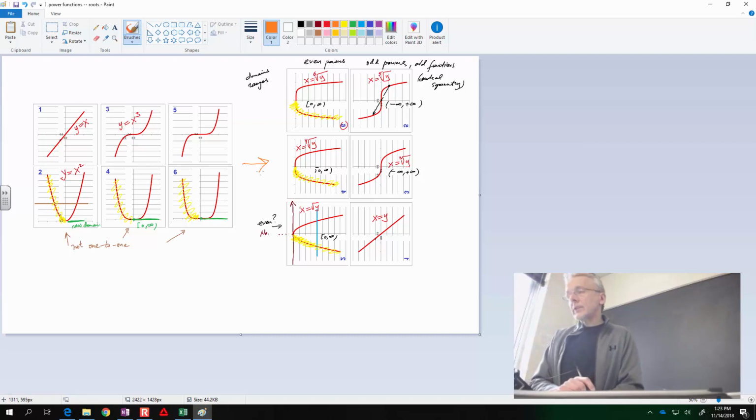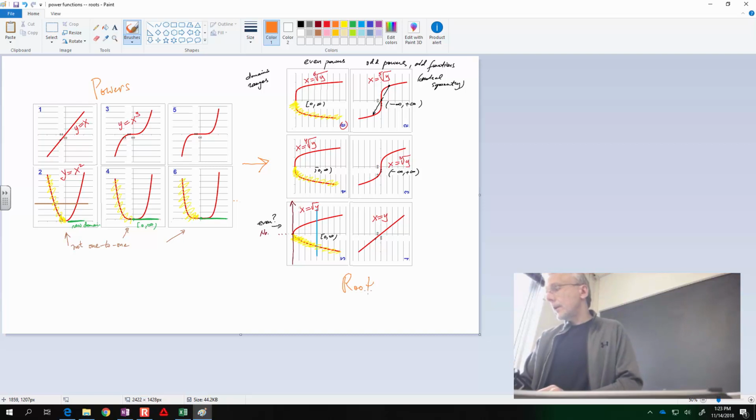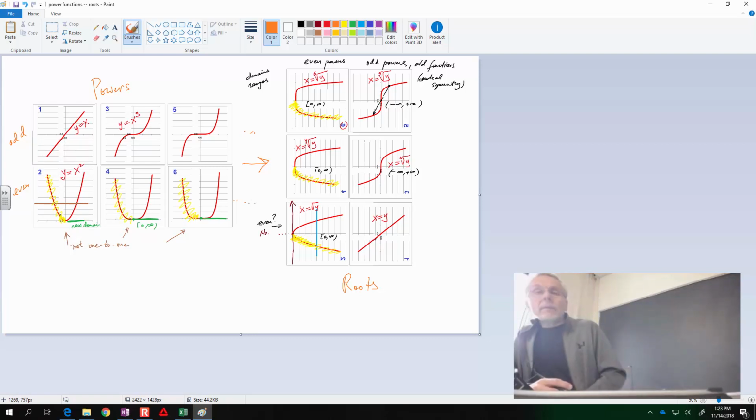From 6 and on, obviously you have infinitely many power functions. Then you flip them all, and you have roots. So powers here and roots there. They will still be split into odd and even. Here I have odd powers, and I have even powers, and they continue behaving very similarly.